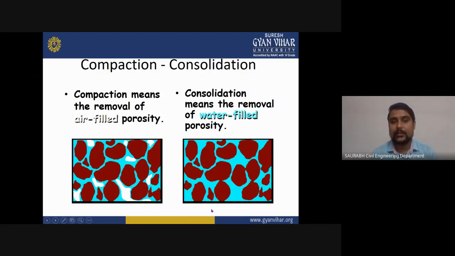In compaction we need to remove the air voids. In consolidation we need to remove only water voids. We do not need to remove the air voids in consolidation. And compaction we can do instantly, but consolidation we cannot do instantly because it is a time-taking process.